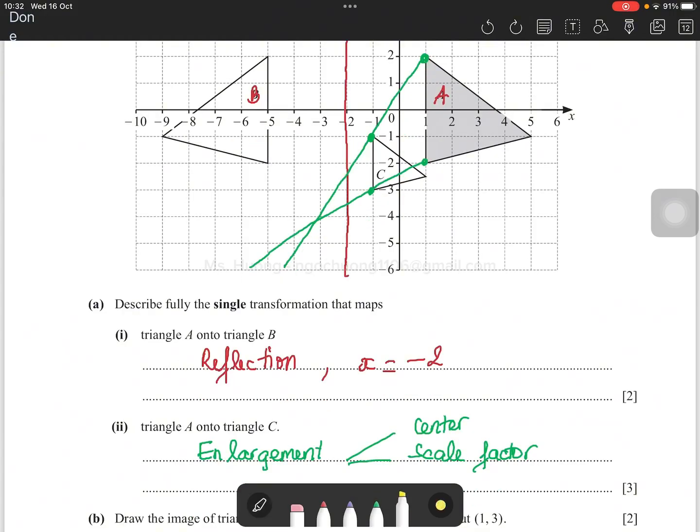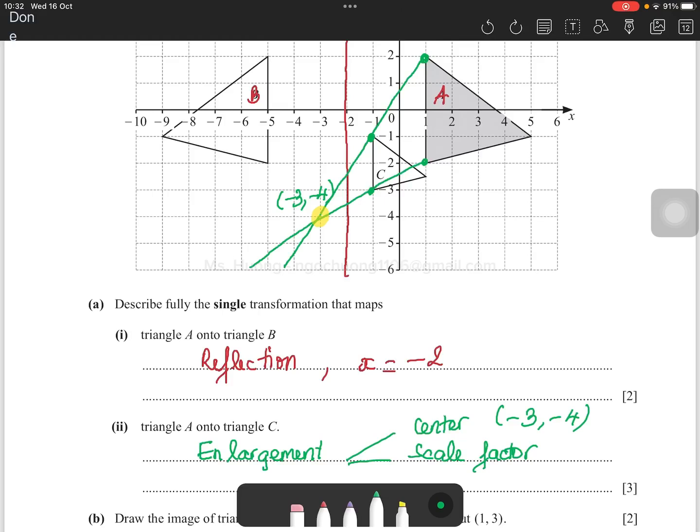And we see that the 2 lines meet at a point here. The point is -3, -4. So we say that the center is -3, -4. If you want, you can continue to join these 2 corresponding points to check the answer, but we only need 2 lines, so we can skip that step.